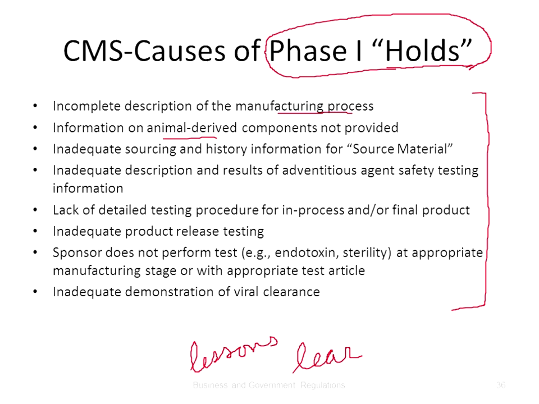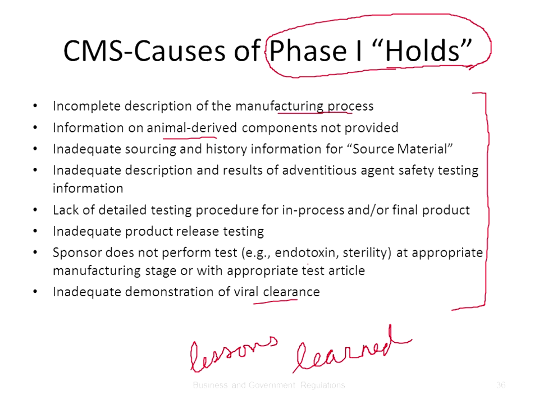And it's a good checklist to make sure that your CMC section doesn't have these inadequacies, like inadequate demonstration of viral clearance, and does not perform tests for endotoxins at appropriate manufacturing stages.